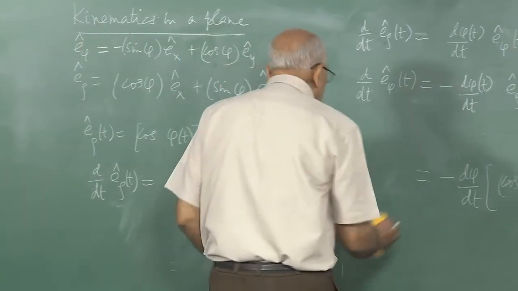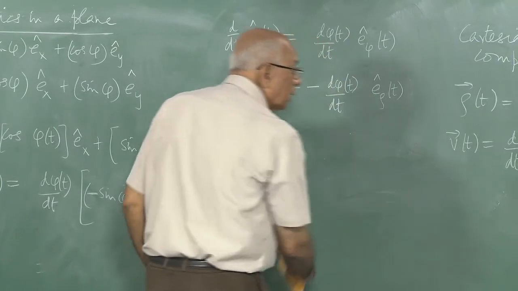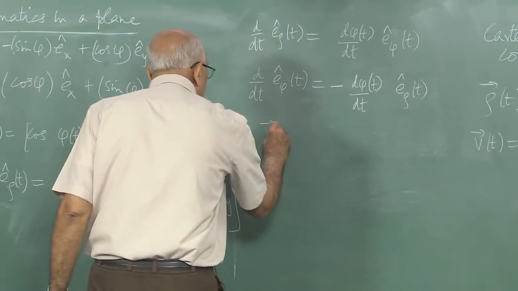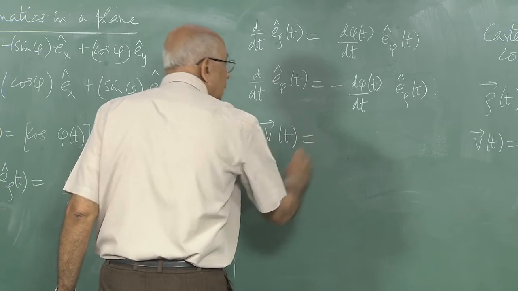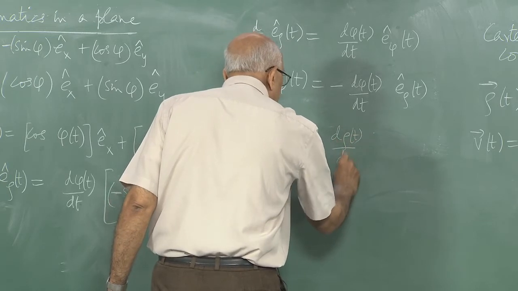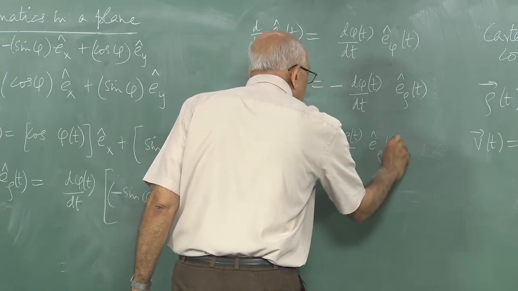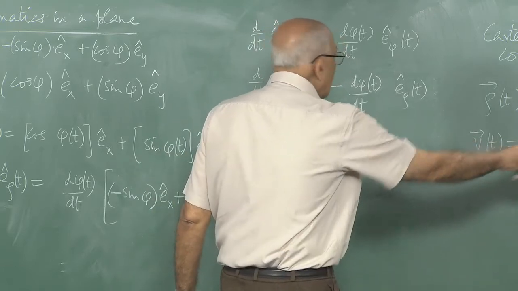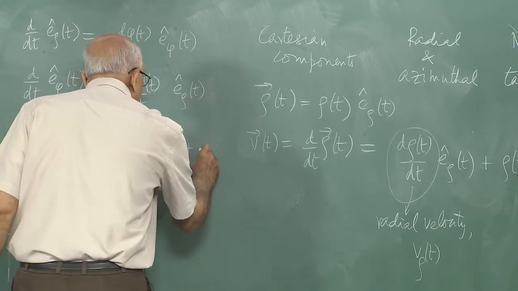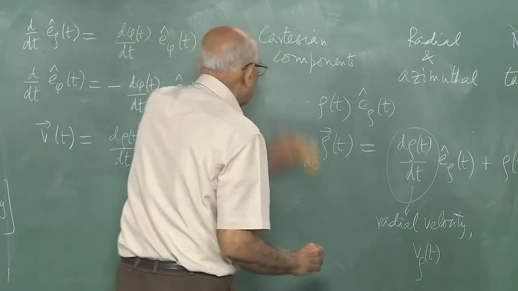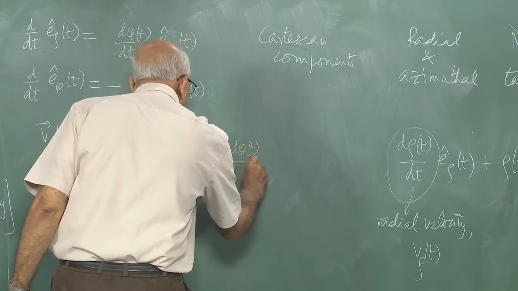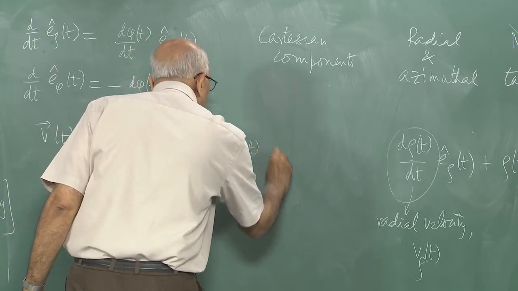So once we have that in place, we can now write down these formulas properly. V of t is equal to d rho of t over dt times E rho of t, and then for d over dt of E rho of t, I need to substitute this. So there is a term which is plus rho of t d phi over dt multiplied by E phi of t.